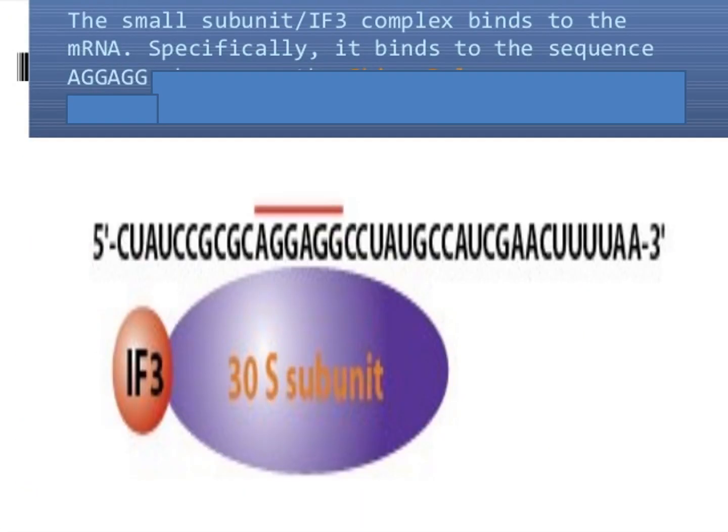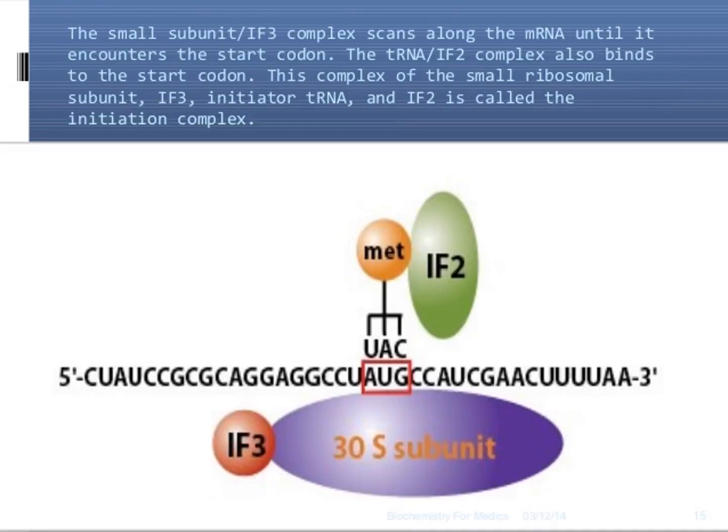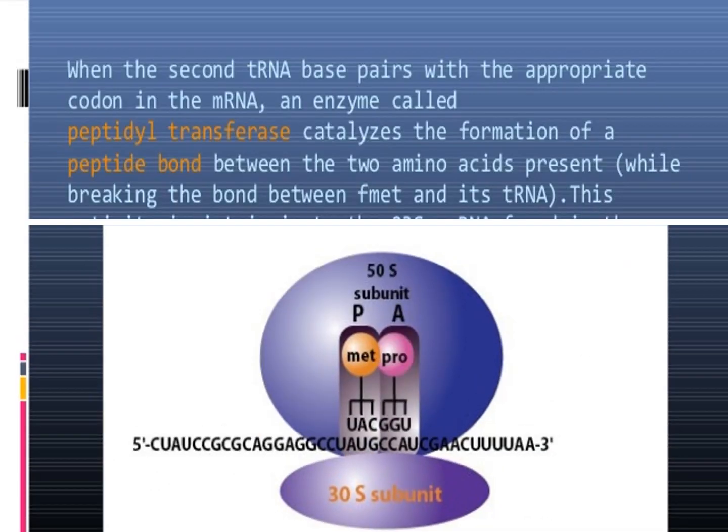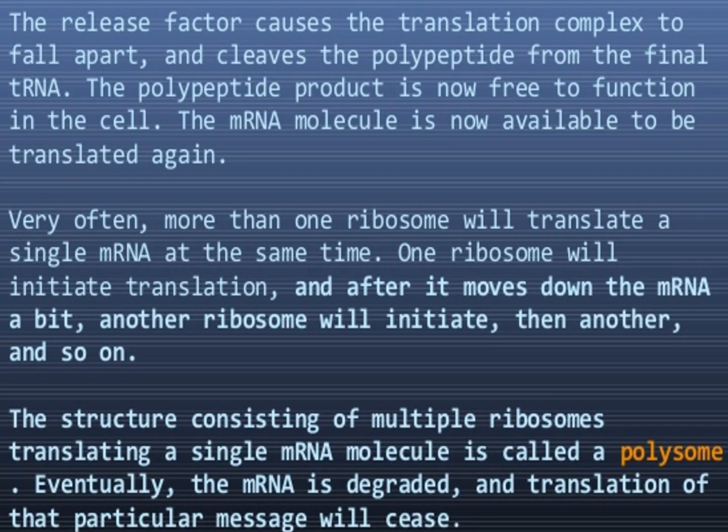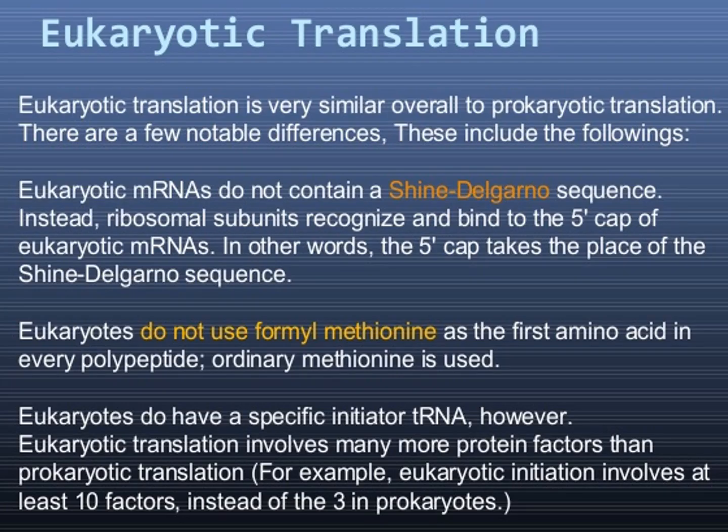In today's class, we are going to see the eukaryotic translation mechanism. So eukaryotic translation is very similar to prokaryotic translation, but there are a few notable differences. We all know that there is no Shine-Dalgarno sequence in eukaryotes.